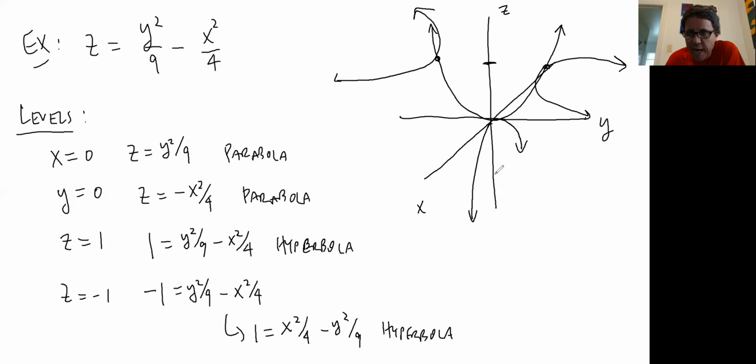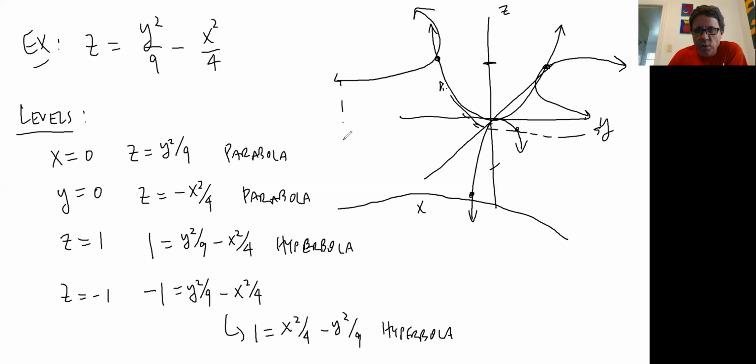And then if I go down 1 unit, I start on this parabola, and I will have a hyperbola this way, and I'll have a hyperbola back the other direction. A little bit hard to see.